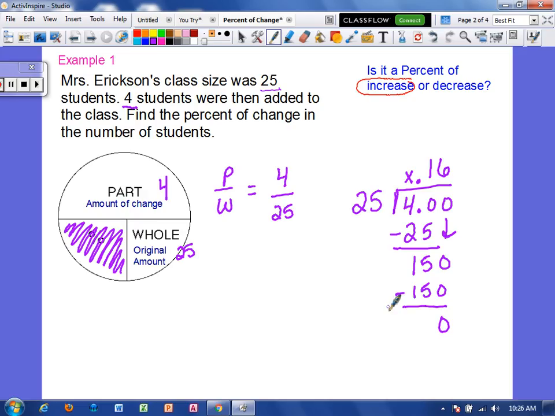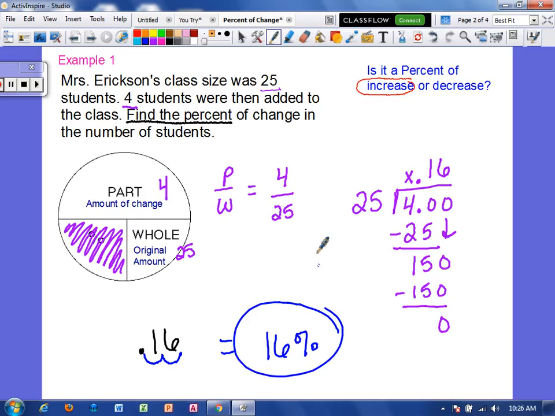So we are done dividing. We get 0.16 as our answer, but keep in mind it says find the percent of change. So changing a decimal to a percent, we're just going to move that decimal to the right 2 times, and that would equal 16%. So there was a 16% increase in that class size.